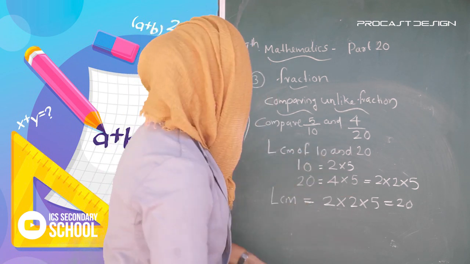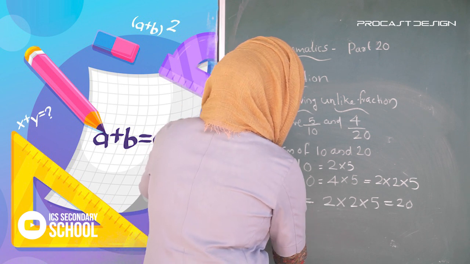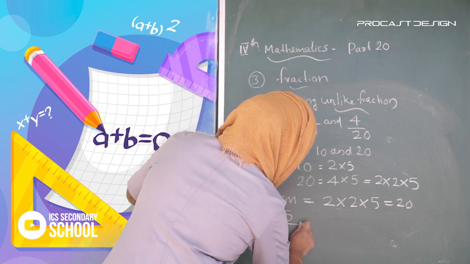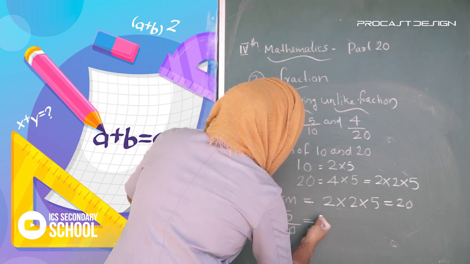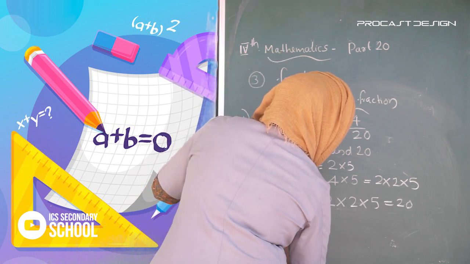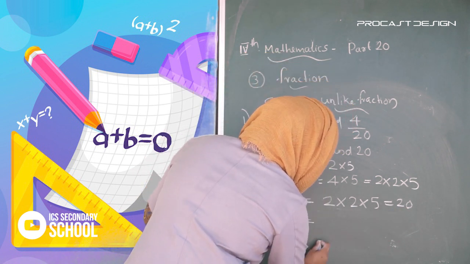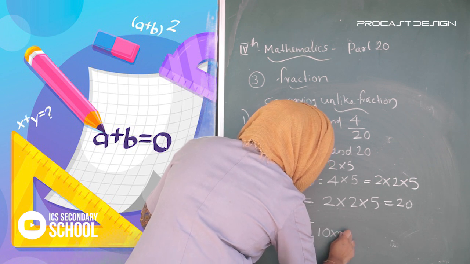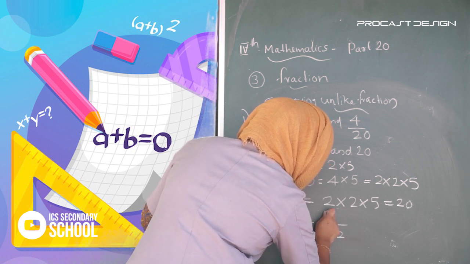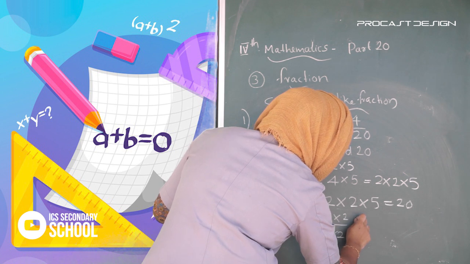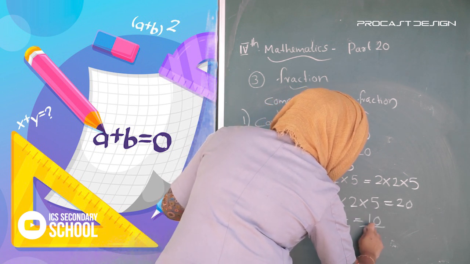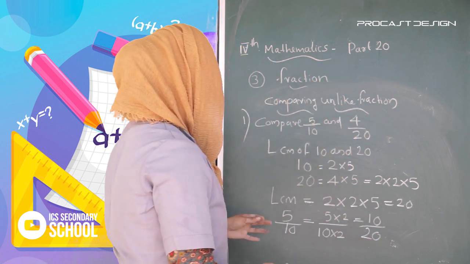Here 5 by 10: to get the denominator 20, we do 10 into 2, 5 into 2, giving 10 by 20. You understand?